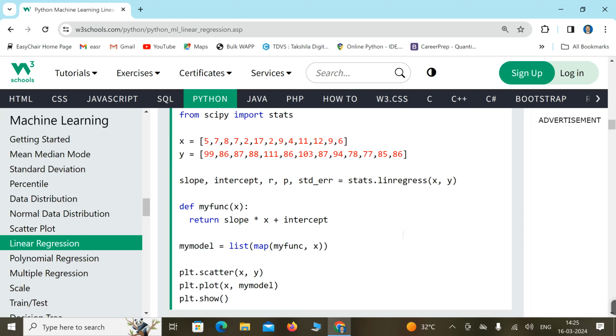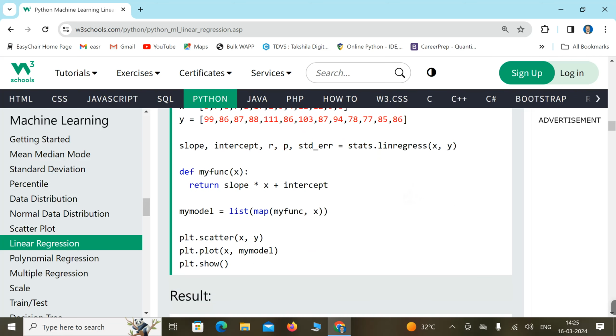So here I am using a function to find out the slope. Then I will draw the plot, scatter points. I will draw the line, then I will show both.